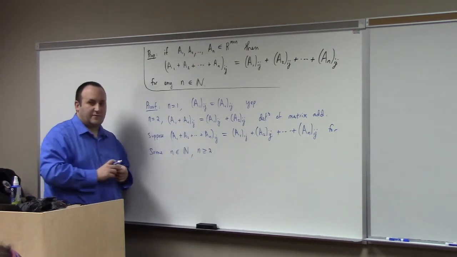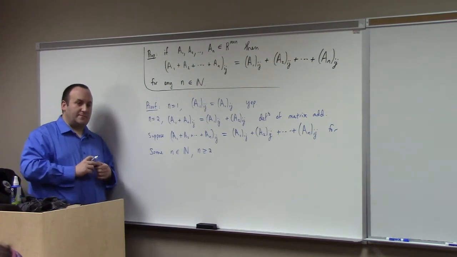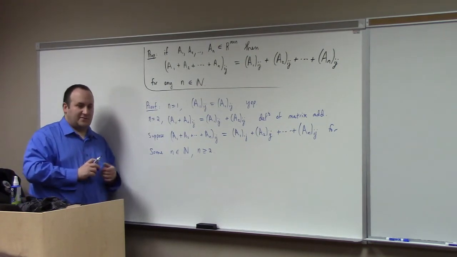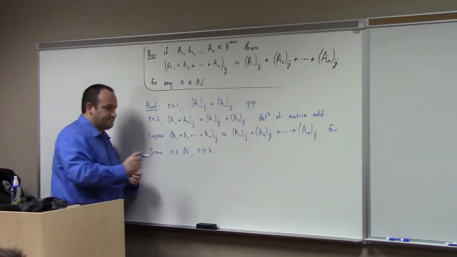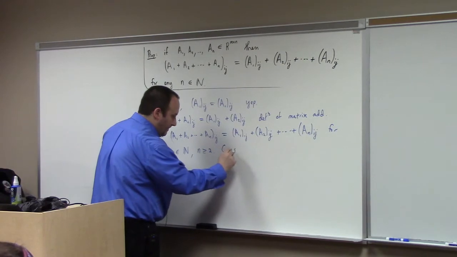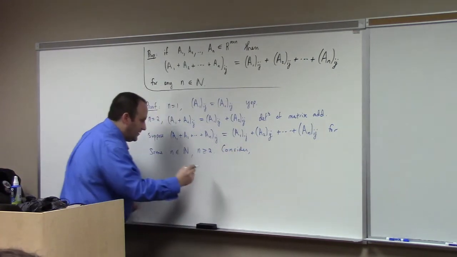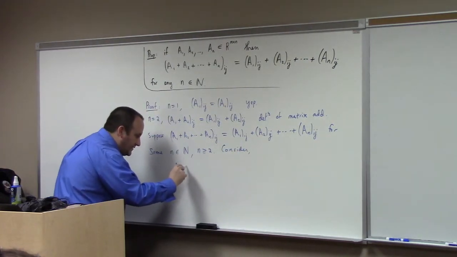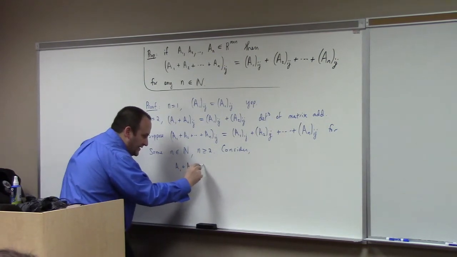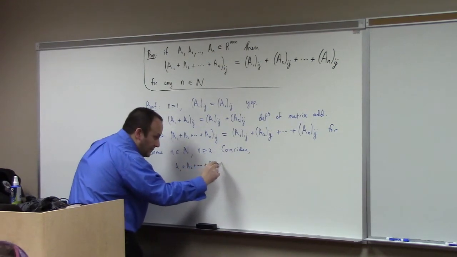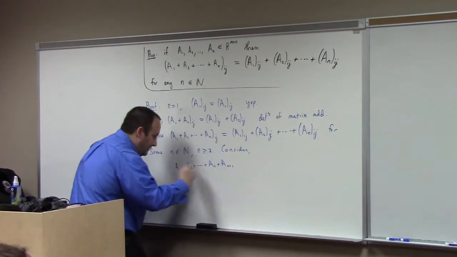Since we already know it's true for 1 and 2, why don't we just focus on the part we care about? I guess you could put 3 there if you wanted, but it doesn't really matter. And what should we consider? How about A1 + A2 + ... + AN + A(N+1)?